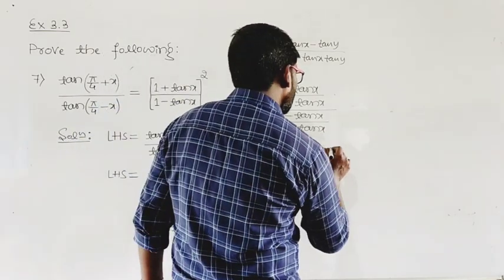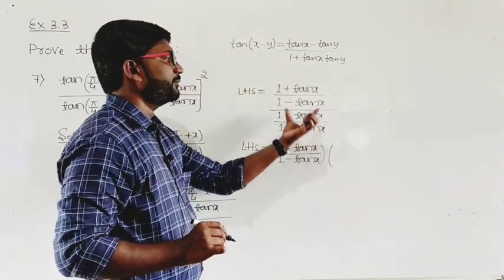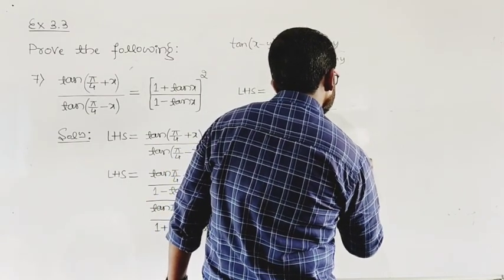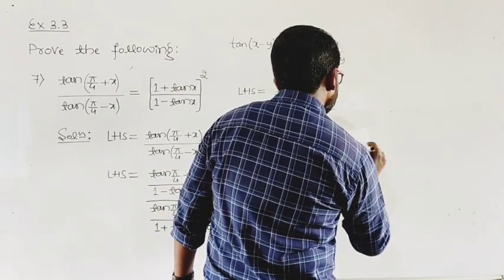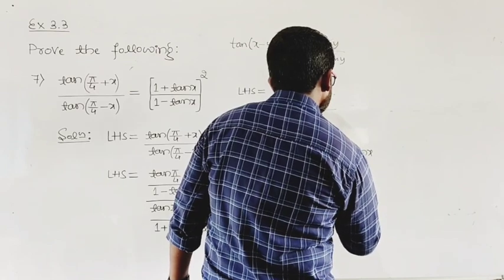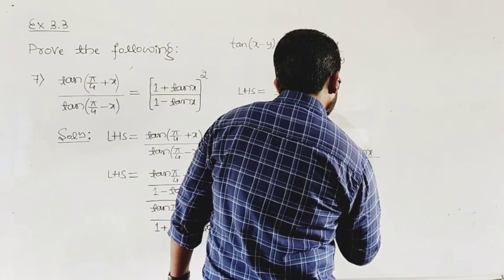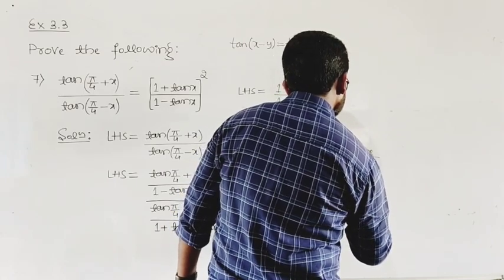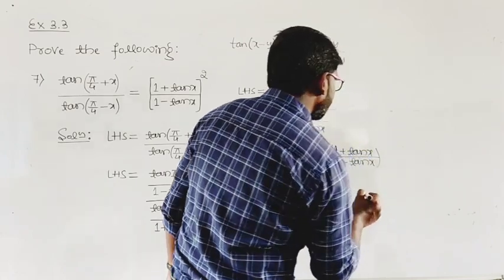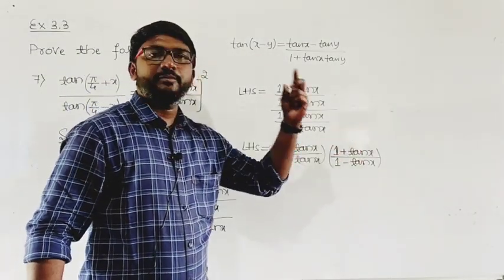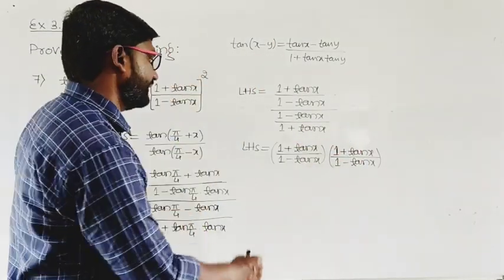Now this goes to the numerator, 1 plus tan x divided by 1 minus tan x. So now 1 plus tan x into 1 plus tan x will be 1 plus tan x the whole square.